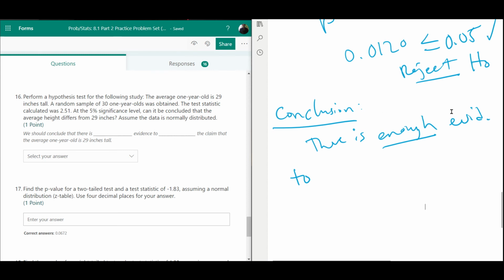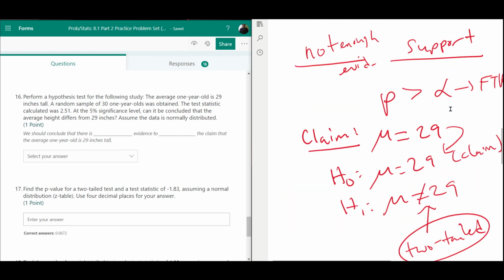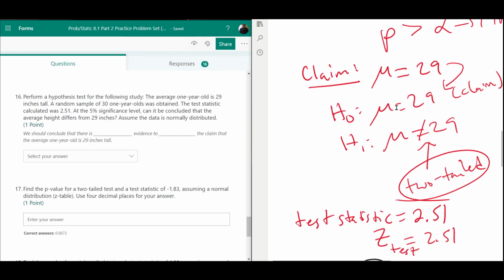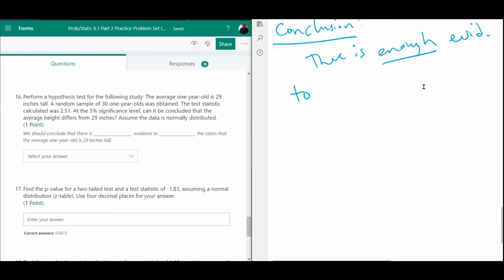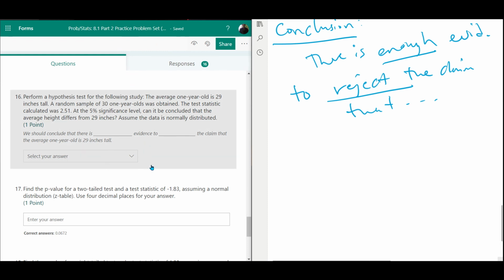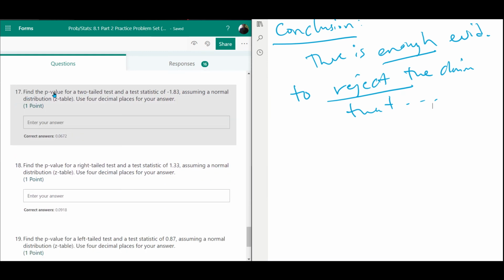We have to look at our claim. Yes. So since our claim belonged to our null hypothesis, we used the word reject. Otherwise, we use the word support. To reject the claim that... Just write out the claim. All right. So those are my two key terms there.